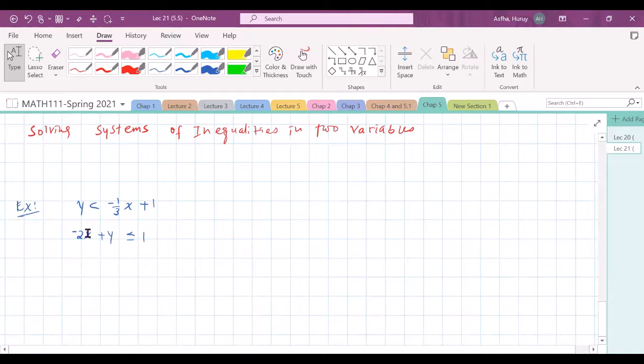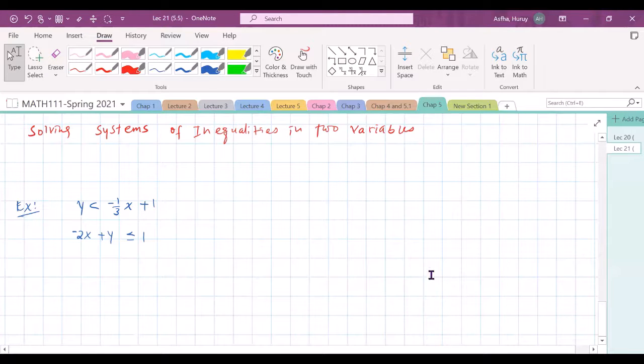So in order to have a system of equations, we need to have two or more equations. In order to have a system of inequalities, we need to have two or more inequalities, okay? So in this case, we have two inequalities, which made up this system of inequalities, and both of them are inequalities in two variables.